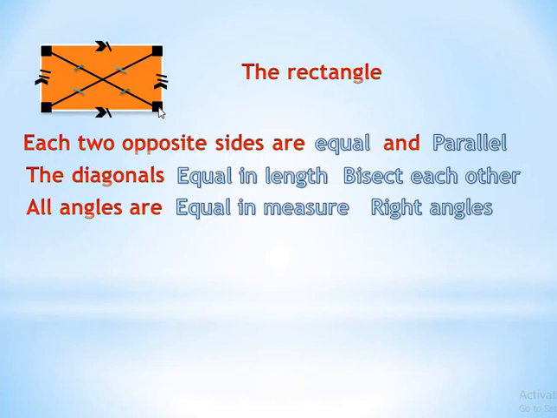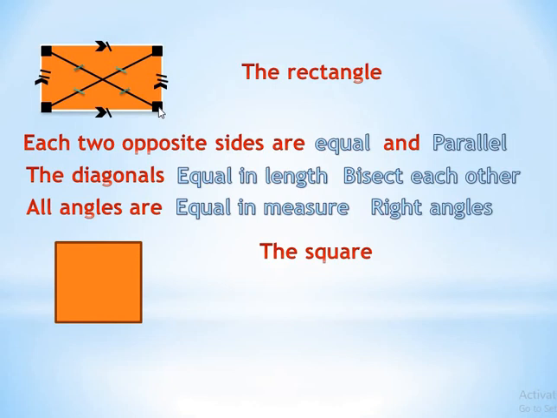Okay, let's see another shape, the square. The square has all properties of a parallelogram. We know that each two opposite sides are equal and parallel. But here, not opposite sides are equal only.